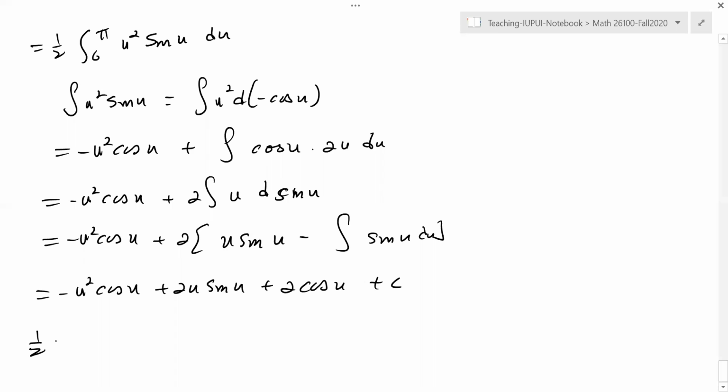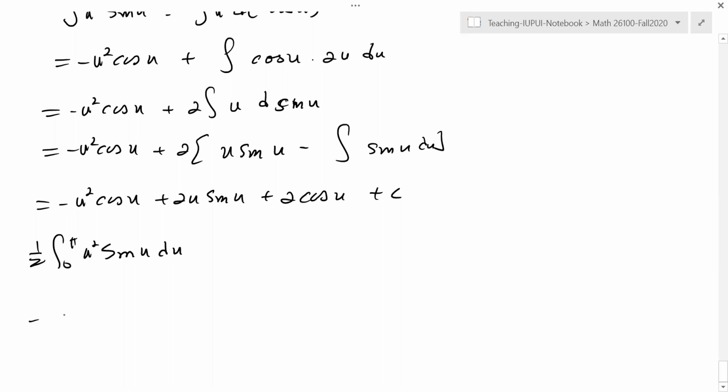Okay, and half of, I hope we get the same answer. So it's 1/2. Let me write down the answer here. Plug in pi for u. Cosine pi is going to be -1, so pi squared, and that will be 0, -2. That's the first part.